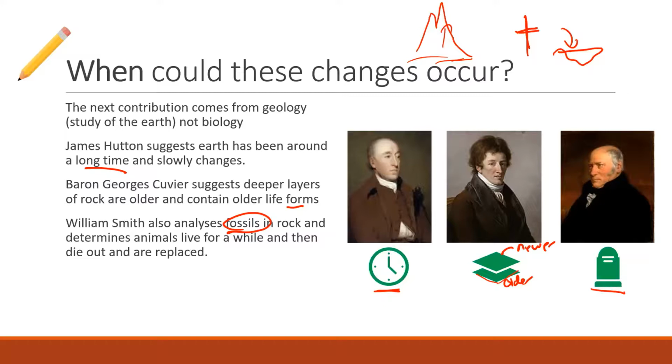We get a theory of evolution from, oh, by the way, before we talk about that, this is what I mean by older rocks. Have a riverbed here. We've got some water going down, and as time goes on, sand gets built up.